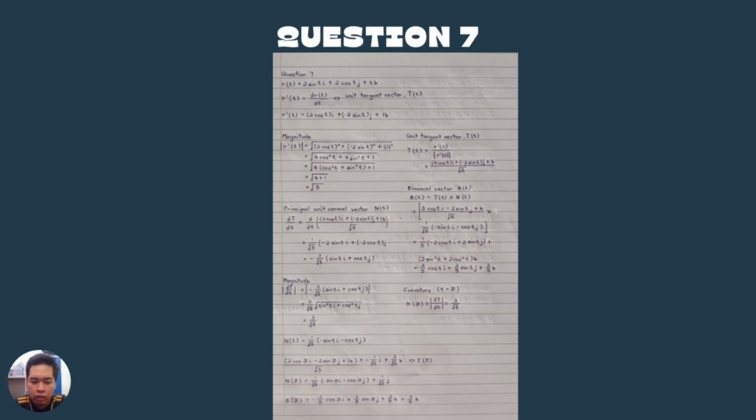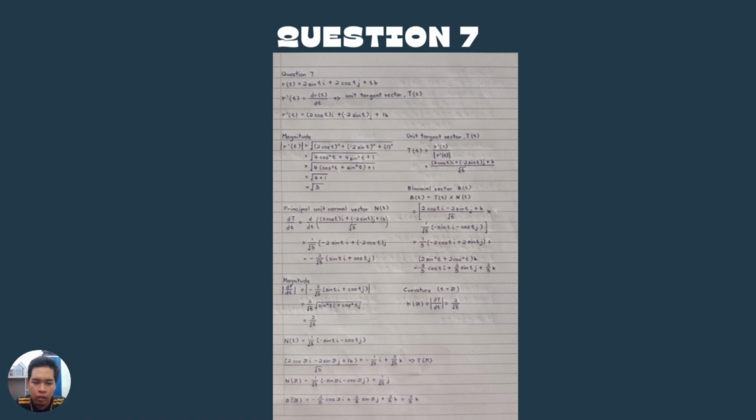So, question number 7. Following the question, first we need to find the unit tangent vector. For that, we need to normalize the derivative by dividing it by its magnitude. After we get the first derivative and magnitude, we can get the unit tangent vector. Second, to find the principal unit normal vector, we need to differentiate the unit tangent vector with respect to t and normalize the resulting vector.